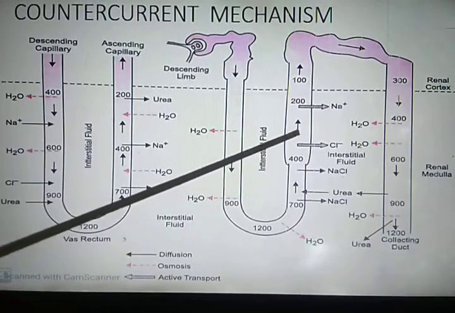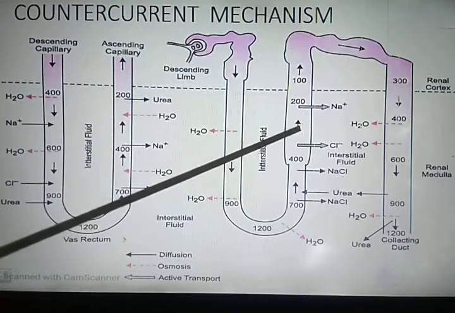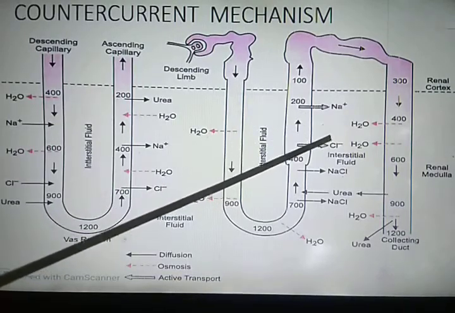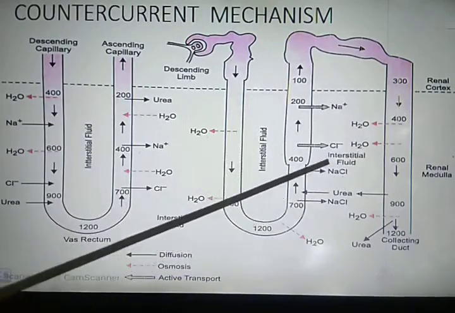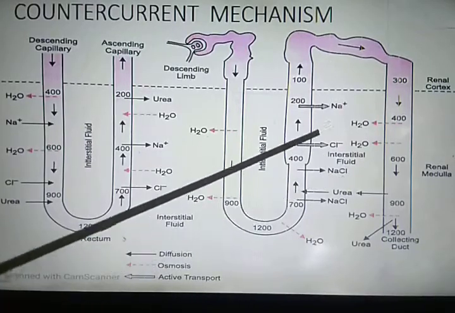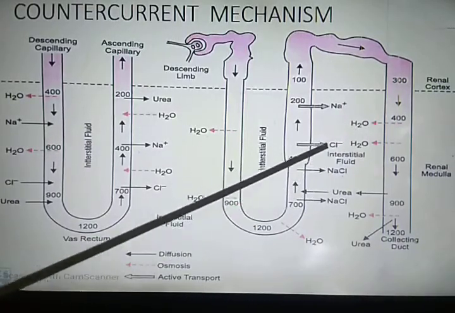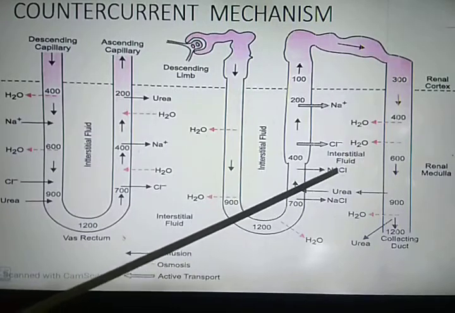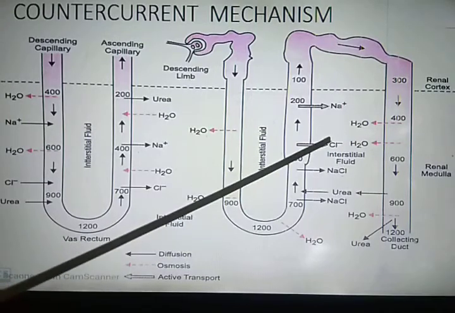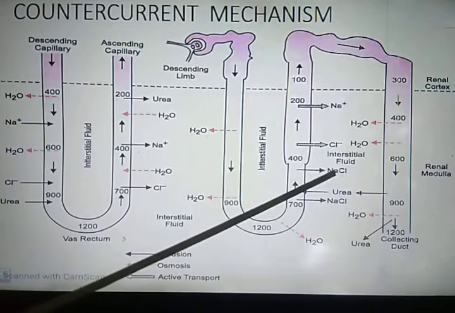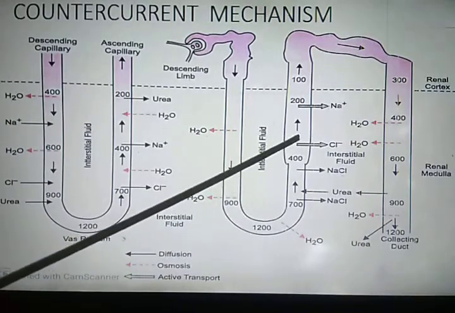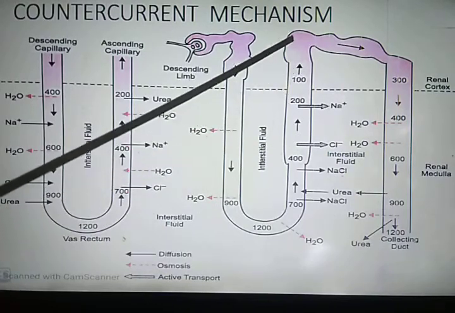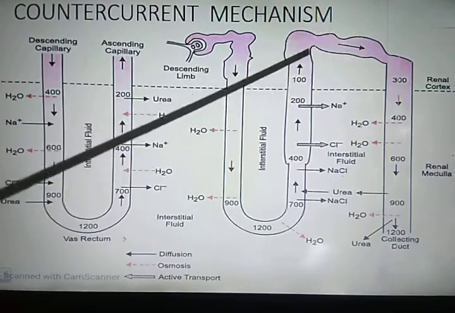When the sodium and chloride ions move into the interstitial fluid, the interstitial fluid becomes hypertonic, or you can say the osmolarity of the interstitial fluid increases due to addition of sodium and chloride ions. Okay, now the filtrate moves towards the collecting region.